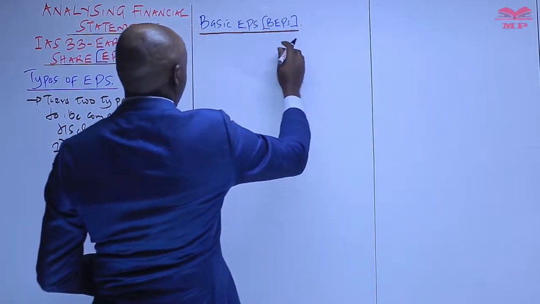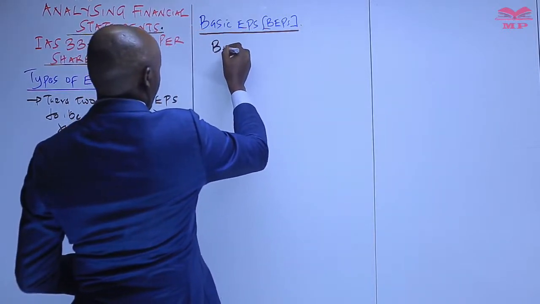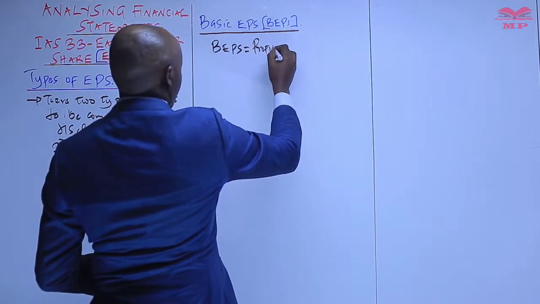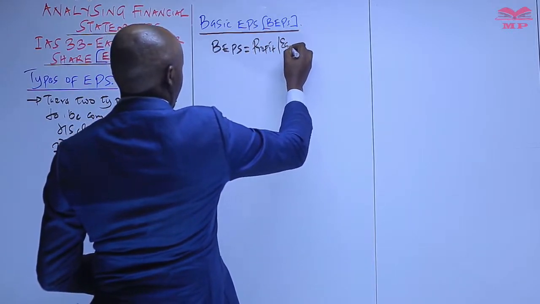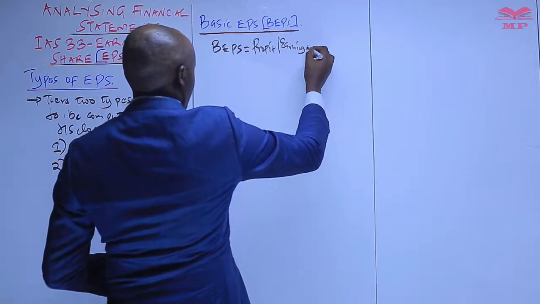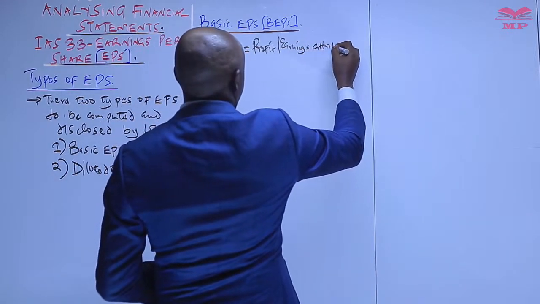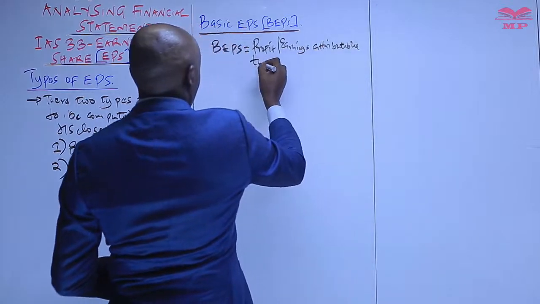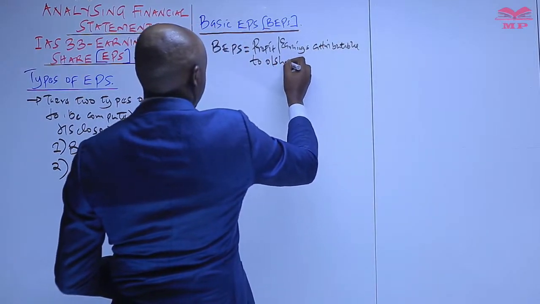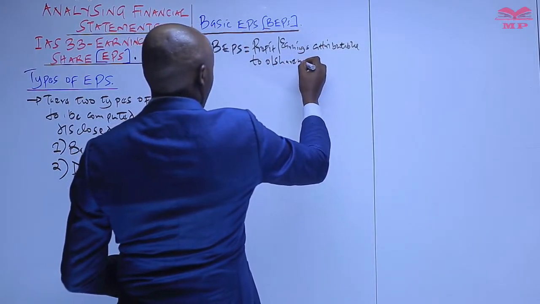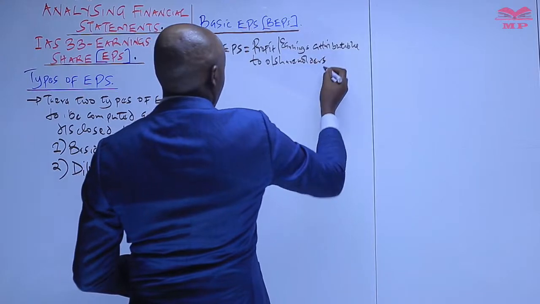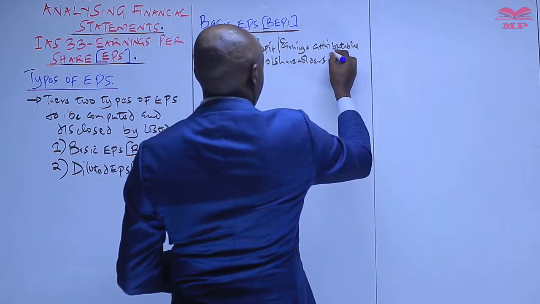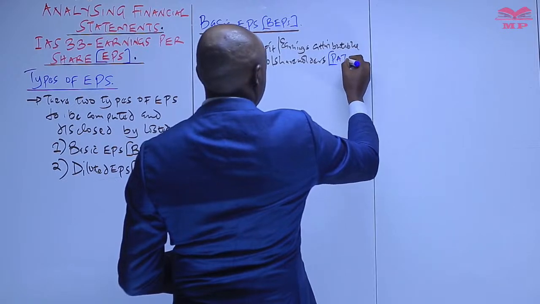So how do we compute these earnings per share? The basic earnings per share is computed by taking the profit, which is also known as earnings, attributable to ordinary shareholders. This profit attributable to ordinary shareholders is abbreviated as PATOS.